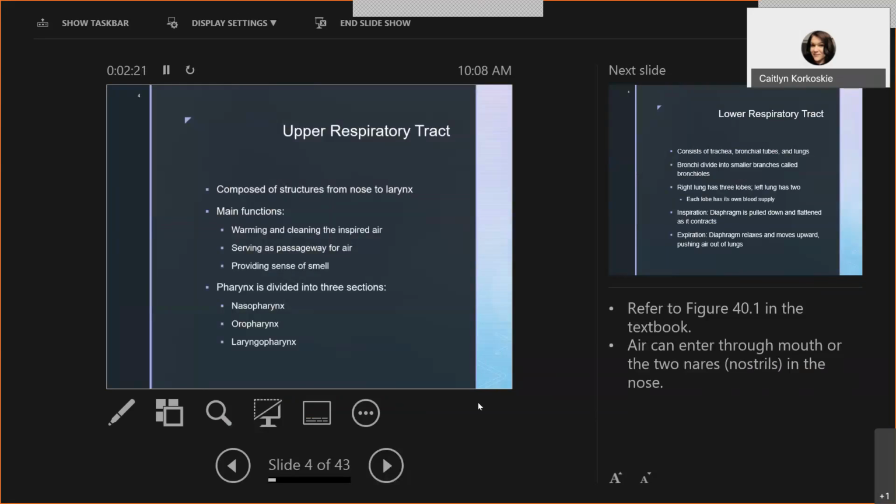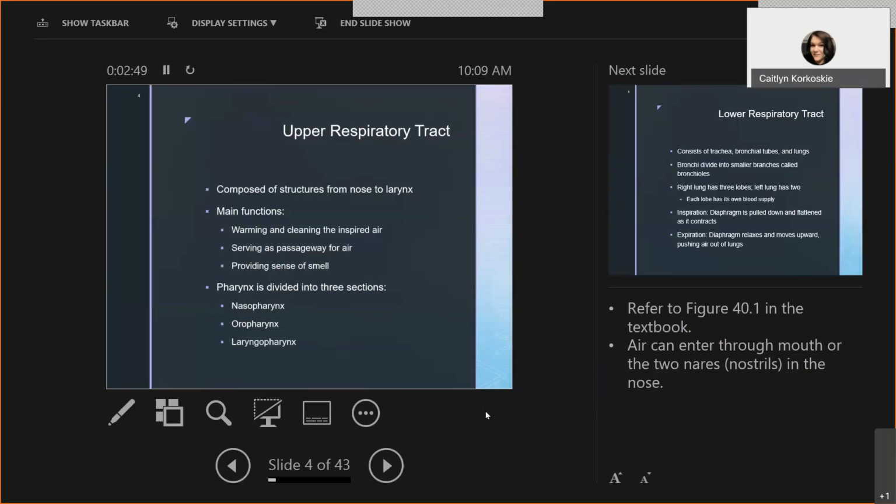All right, so the upper respiratory tract. It involves the nose and the larynx, and the main functions are warming and cleaning of inspired air. So when you're breathing in, it warms up the air going into your lungs. Have you ever been outside where it's really cold and then you breathe in and it feels like a tightening in your chest?